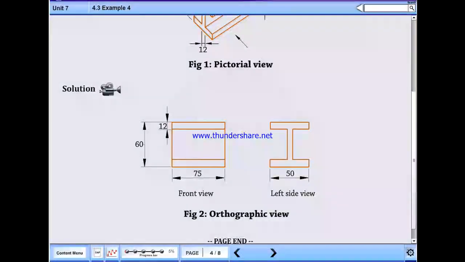See the solution of the orthographic view also. Note down.